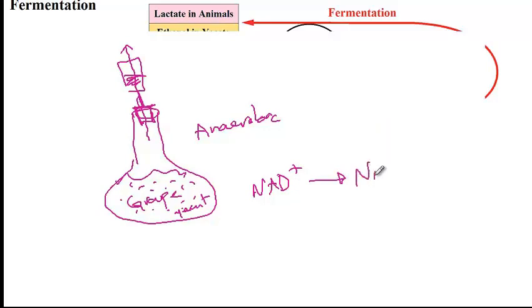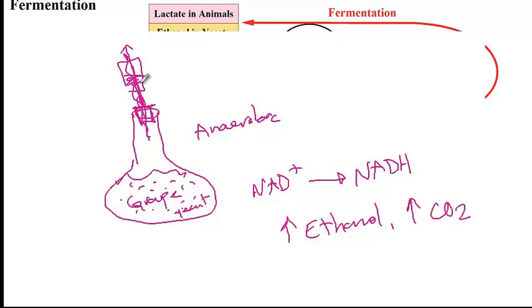And so NAD plus will be regenerated, but then there will also be increased ethanol production and increased CO2. And that's why you will see bubbles keep coming out of the container. It's because the CO2 is being released throughout this fermentation reaction in order for glycolysis to carry on.